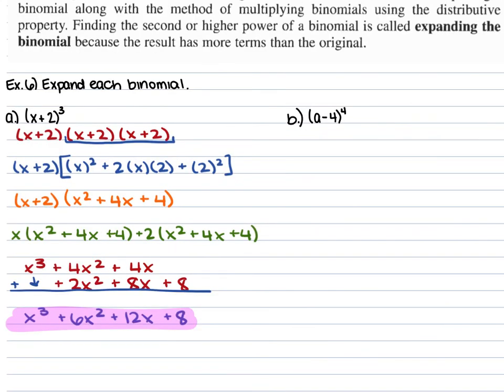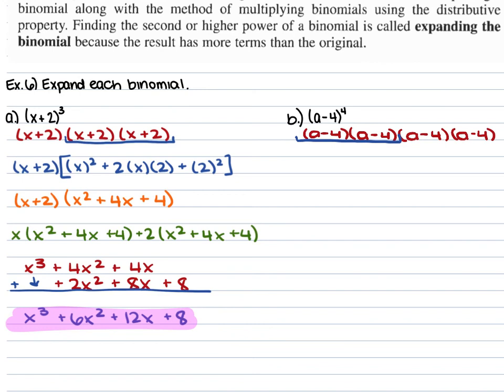For example B, we're given a minus 4 raised to the 4th power. So again, this is just a minus 4 times a minus 4 times a minus 4 times a minus 4. We know that this a minus 4 times a minus 4 is going to be using that a squared minus 2 times a times b plus b squared.